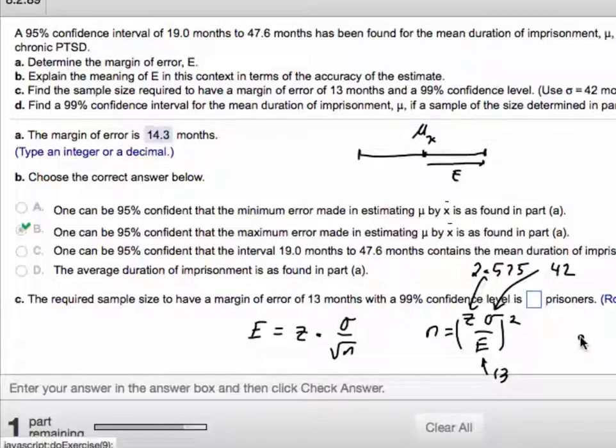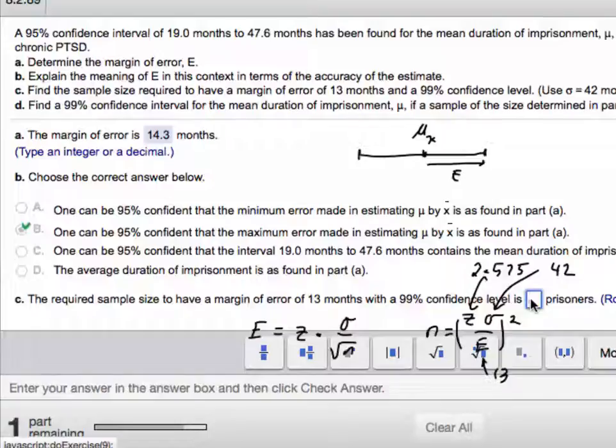Quantity squared would mean this is the minimum size we'd need for a margin of error of 13 months and 99% confidence. So do 2.575 times 42 divided by 13, then square that. As soon as you get it, shout it out.